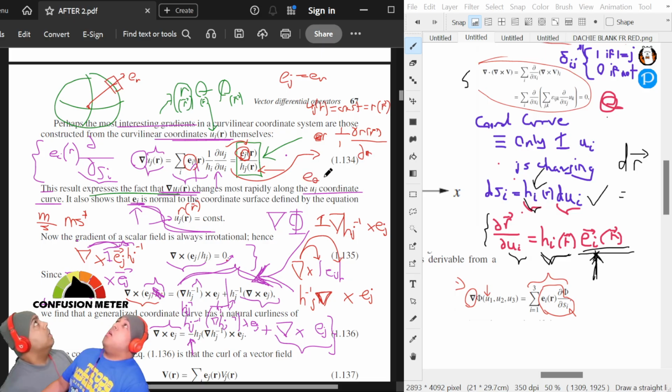E theta should be 1/r, I think. Yeah, 1/r. Del r, del theta. We don't need to write these r's all the time.